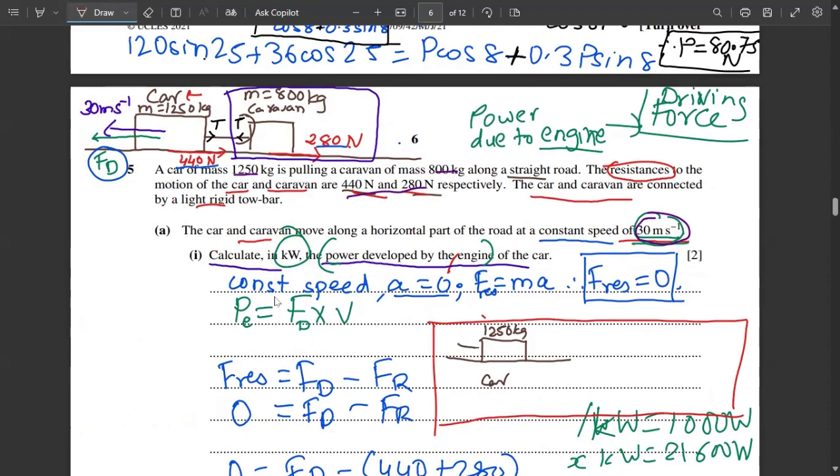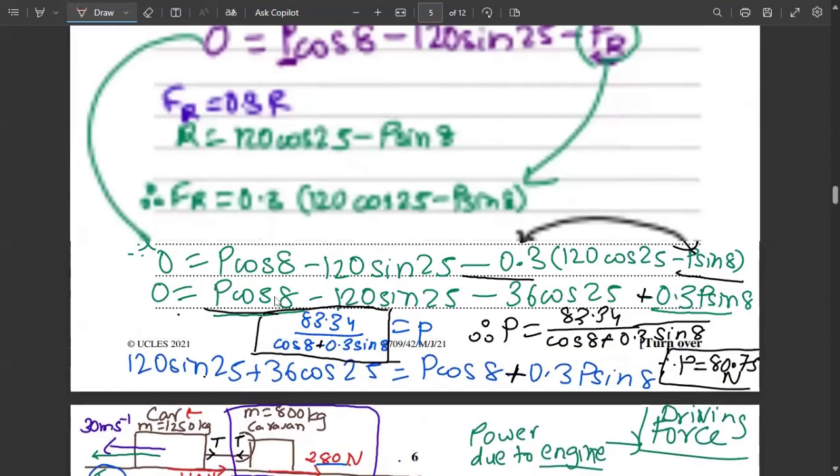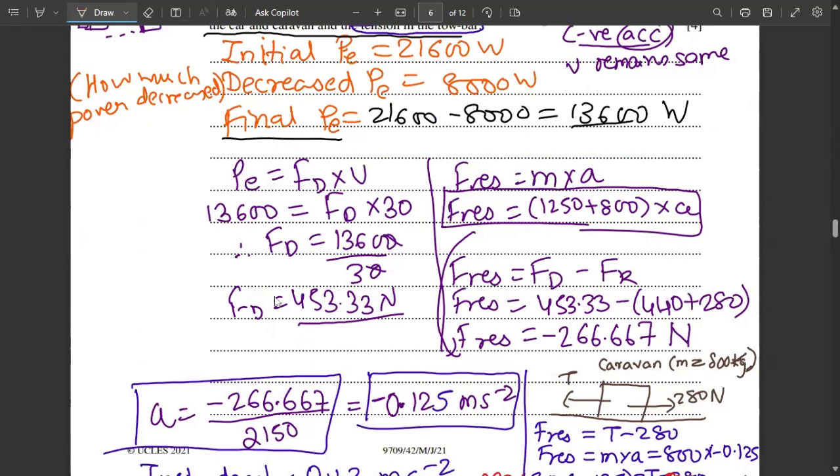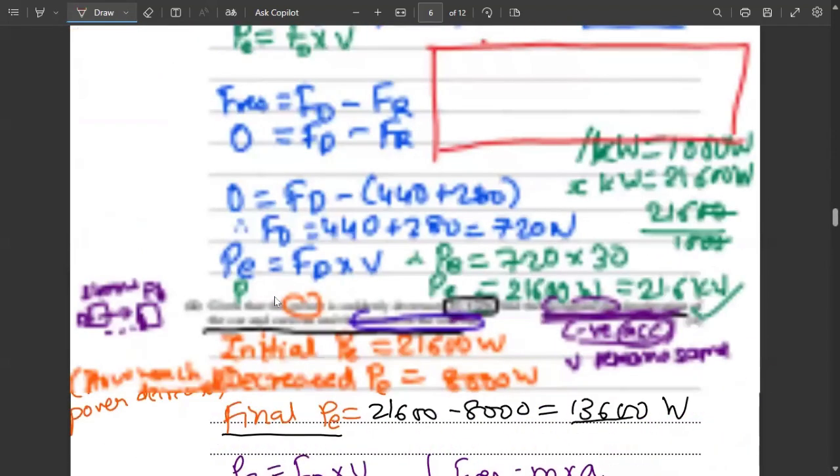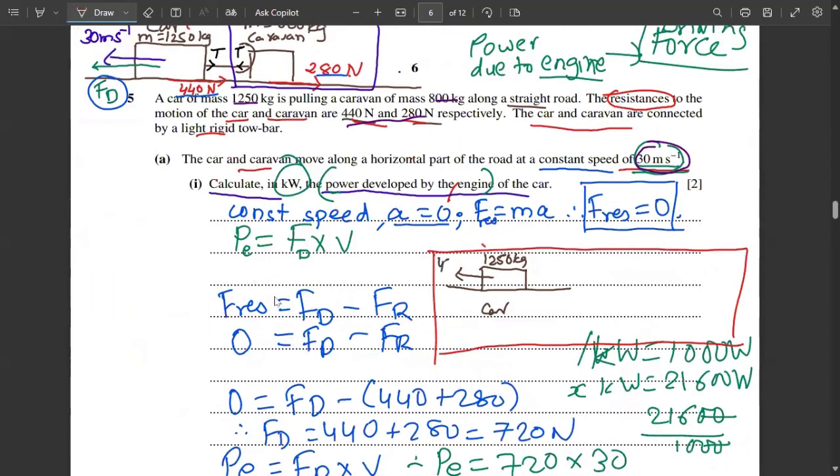Forward force is driving force. Driving force is 453.33 Newton. Backward force will be tension. And another force is the resistance force, which is 440 Newton.